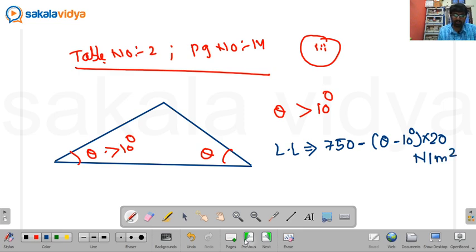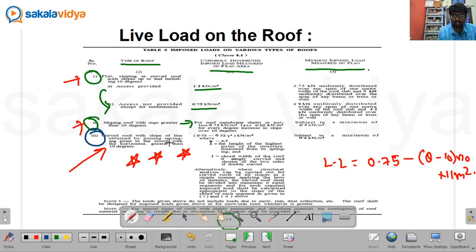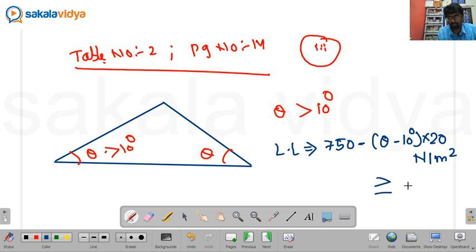According to clause number 3, it should be greater than or equal to 0.4 kilonewton per meter square, or 400 newton per meter square.